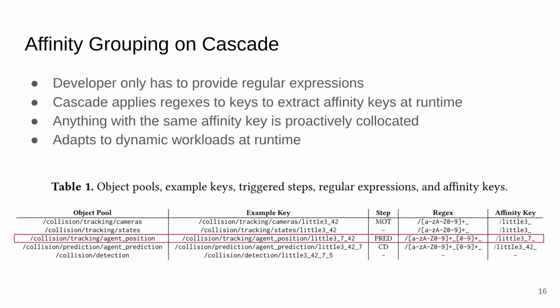So the workload is not predictable, and that makes schedulers not work that well. This will always work, because this regular expression is going to be applied to all the keys being generated in a step, so the next one is already placed in the correct place, even though we didn't know that before the first step ran.